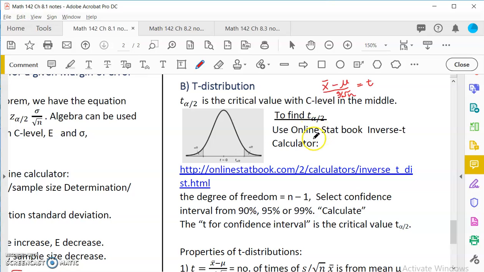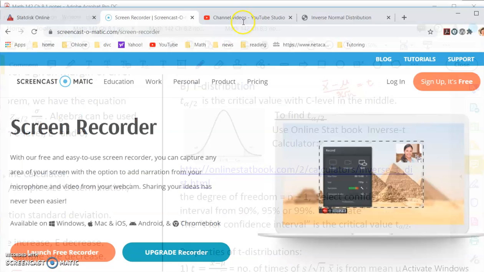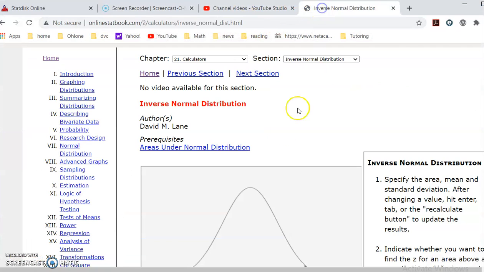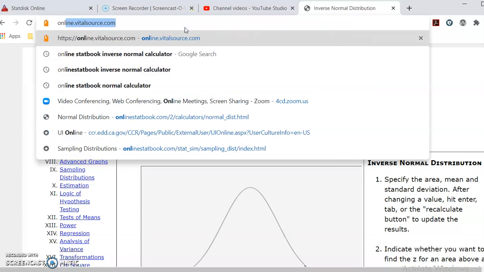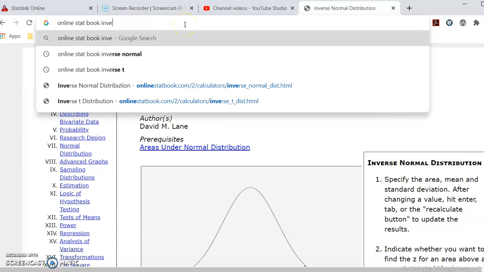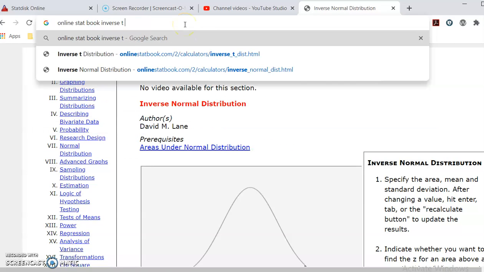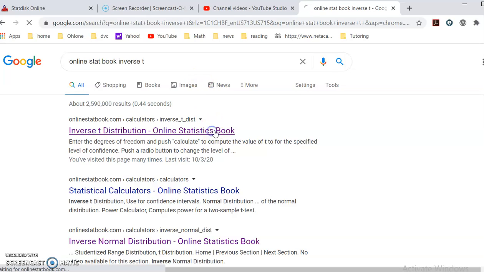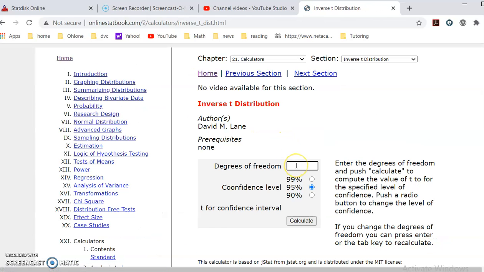Now to find this critical value, you would use the inverse t calculator. So you would not use the inverse normal, but you would use the online stat book inverse t distribution. For inverse t, you do not give the area.